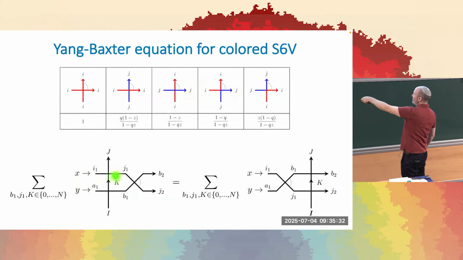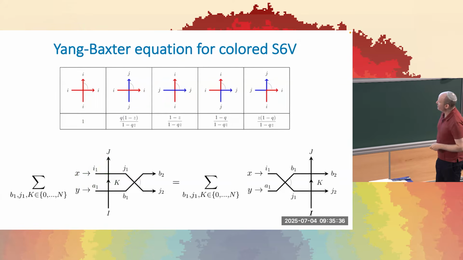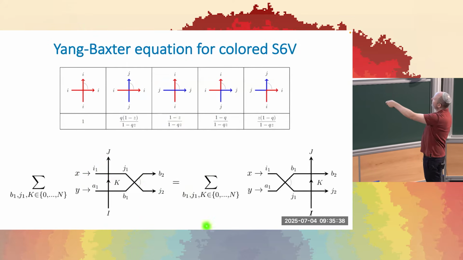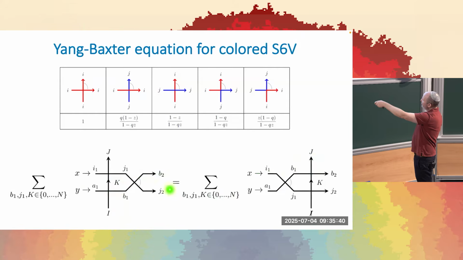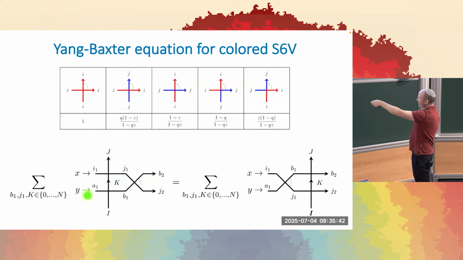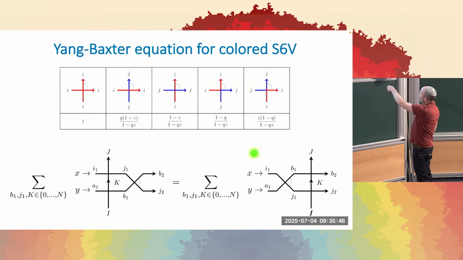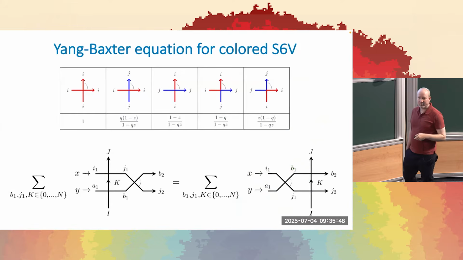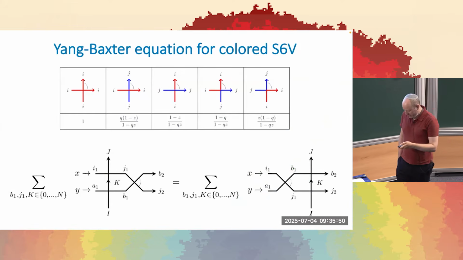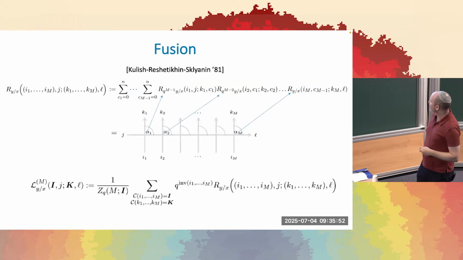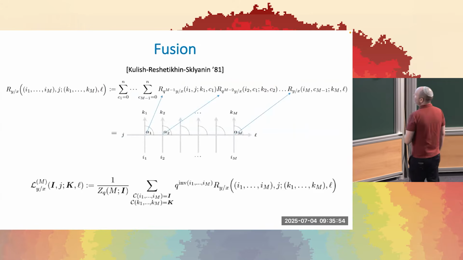And you always take the ratio of the horizontal to vertical spectral parameter when you're determining what the weights are. And Yang-Baxter says that for any choice of these external facing arrows, the 2 partition functions on the left and the right are the same. Okay. Now, we then spoke briefly about the notion of fusion.